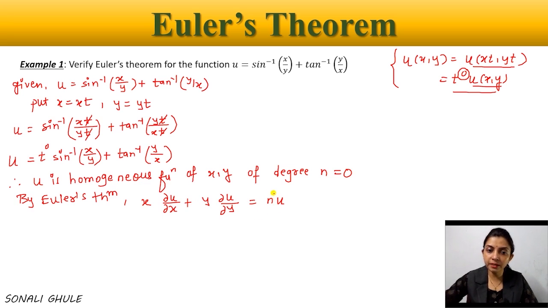But here what is the value of n? It is 0, you can see. So therefore, x into dou u by dou x plus y into dou u by dou y is equal to 0. So this first order relation is what? 0. Okay. So this is our equation 1.